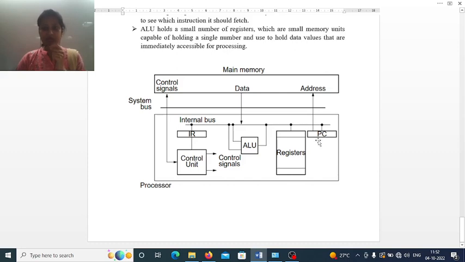The program counter is responsible for holding the address of the memory location which is to be fetched from the main memory. After the memory address is fetched from the main memory which is to be decoded, the control unit sends the signal to the main memory and the instruction is fetched from the main memory.